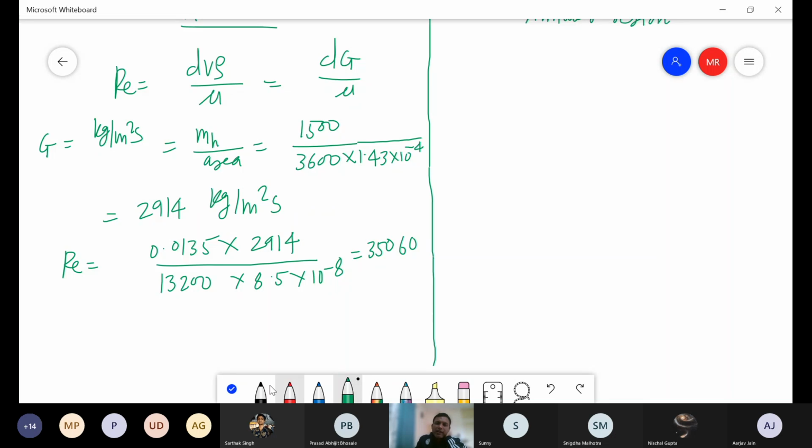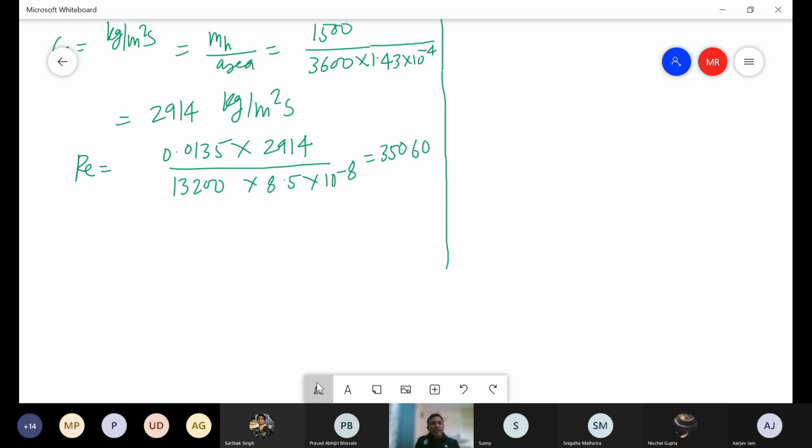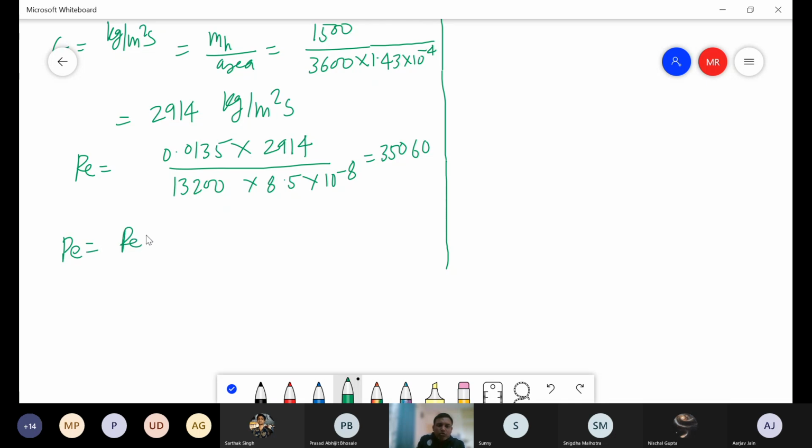Now, once we have obtained the Reynolds number, we have to obtain the Peclet number. Peclet number is nothing but Reynolds number into Prandtl number. Now, Prandtl number is Cp mu by K. Cp value of the mercury is given as 0.14 into 10 power 3 joule per kg.